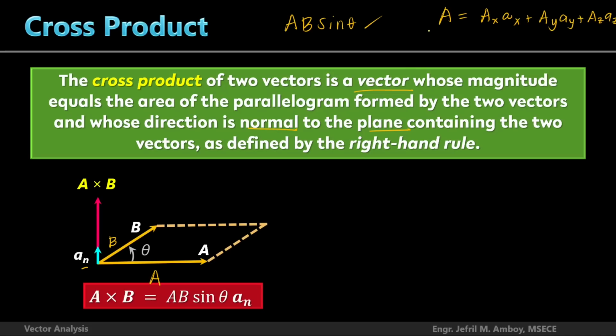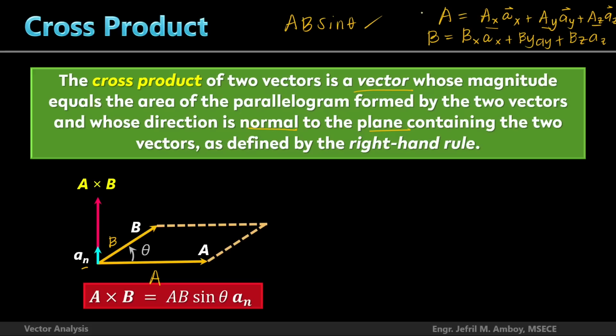And likewise, we have another vector B, which is given as Bx ax plus By ay plus Bz az. So here, this Ax, Ay, and Az are the vector components, while this ax, ay, and az, with arrows, are the unit vectors indicating the directions along X, along Y, and along Z axis.